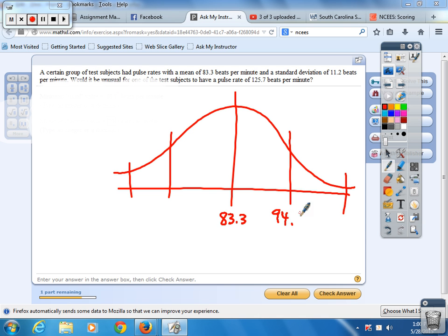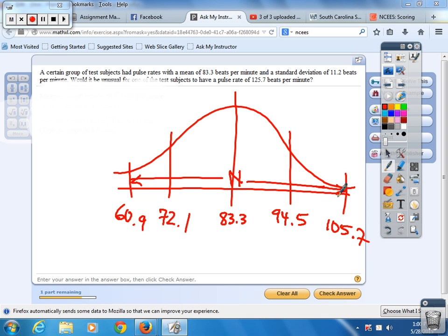And add it again. 105 point what? Okay, now go this direction. 83.3 minus 11.2, and do it again, minus 11.2. 60.9. So normality falls between what?